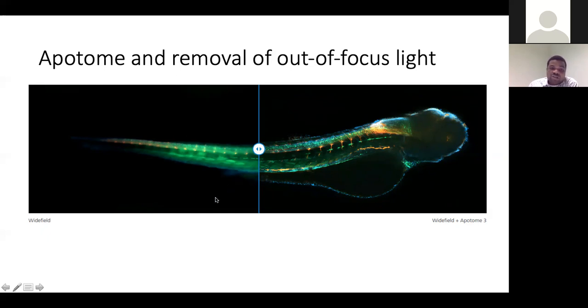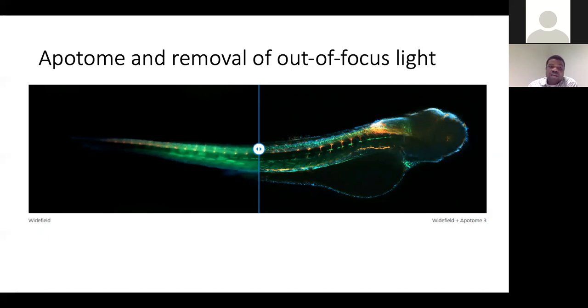However, on some of the widefield microscopes that we have, there is an Apotome mode, and the Apotome is a grid that is put in front of your image, and that grid can be used to back calculate and then remove all the scattering light that is associated with your image.